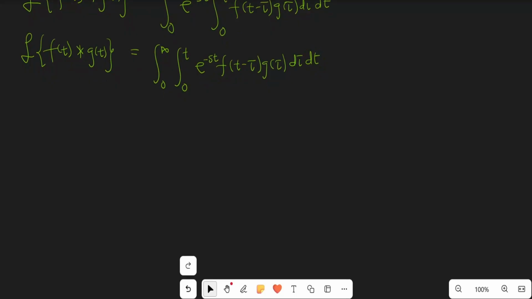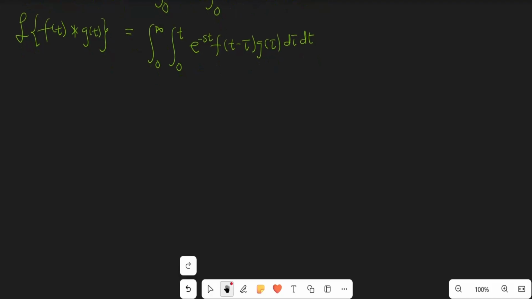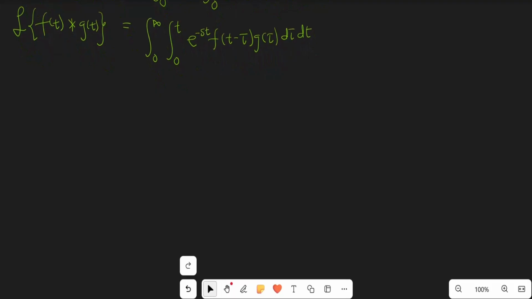But the region upon which we are integrating is not rectangular, so we can't easily switch the limits of integration using Fubini's theorem. What we can do is to draw this region and then redefine the limits of integration, and then we can switch the limits. So I'm going to go ahead and draw the region upon which you are integrating.